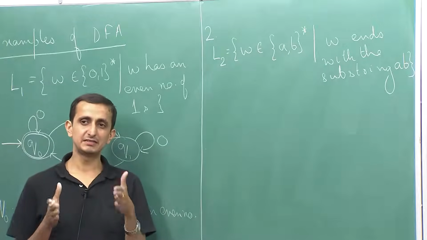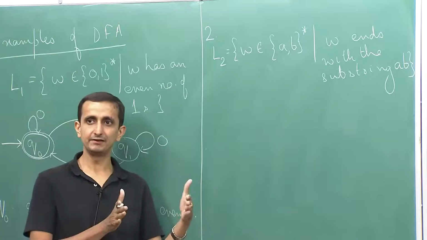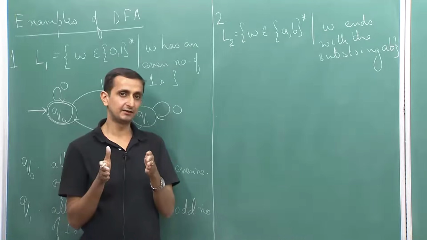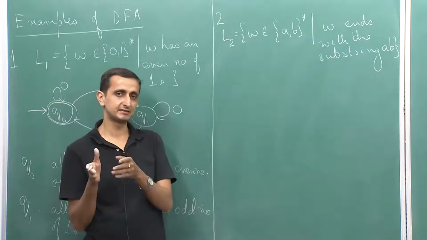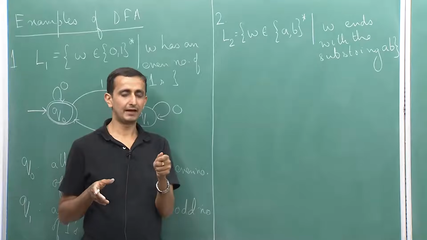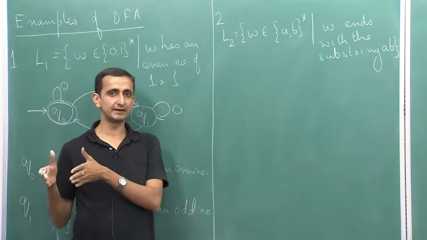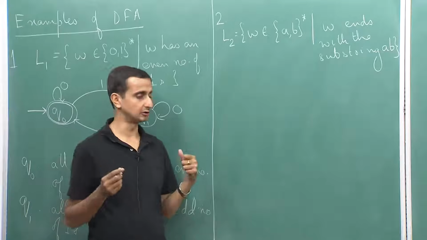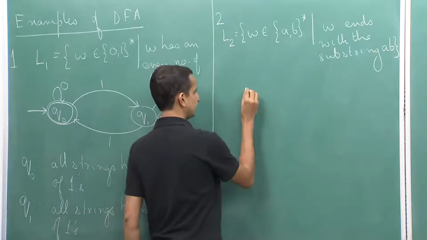So, one set can be strings that end with an AB, the other set will be the set of all strings that do not end with an AB, it just ends with a single A, and the third will be all strings that do not end with an A also.